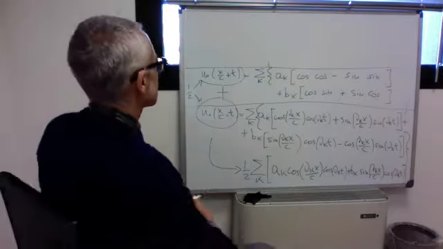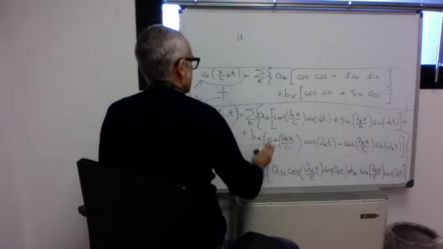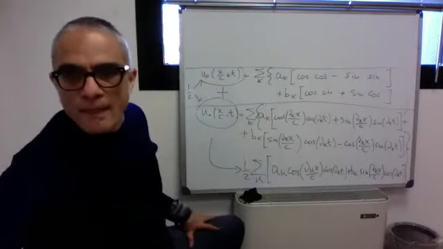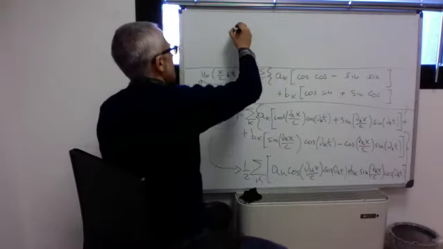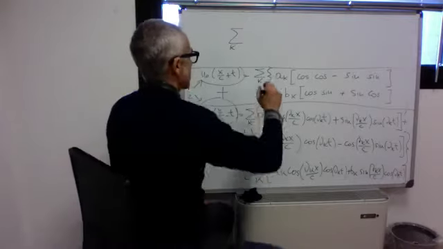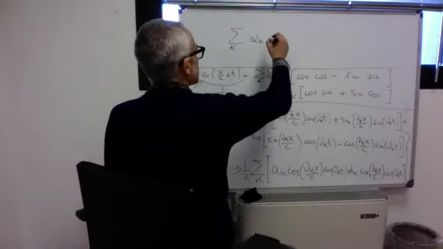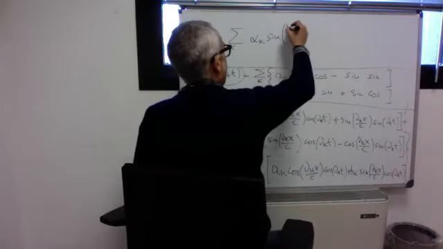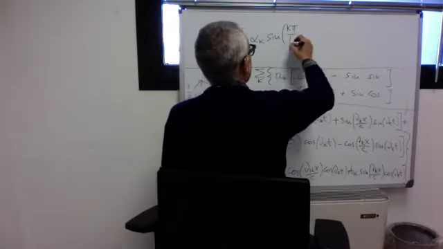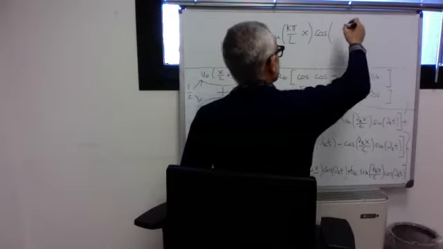Bernoulli solution was the sum over k of alpha k sine of the spatial thing times the cosine of the time thing.